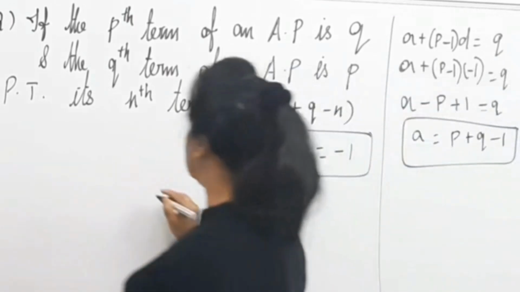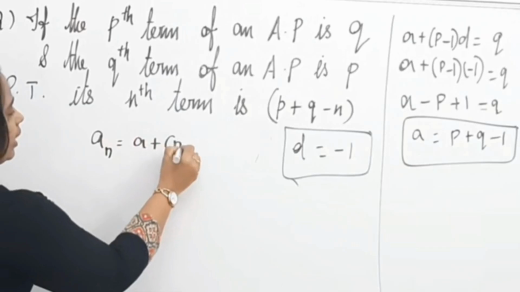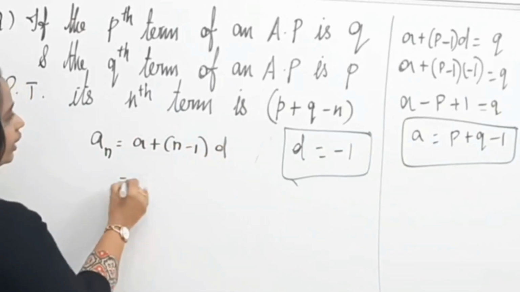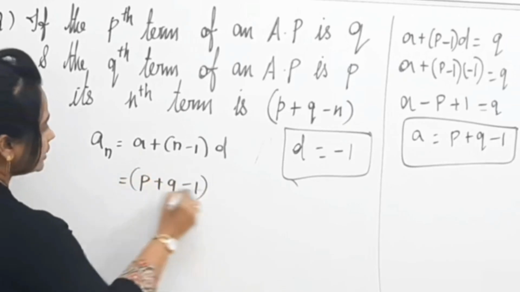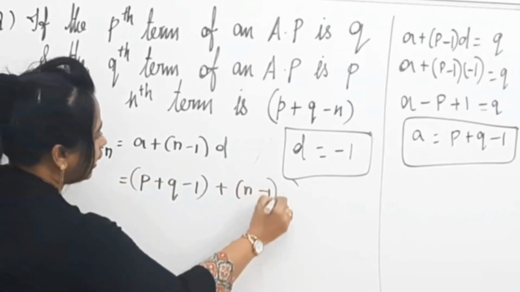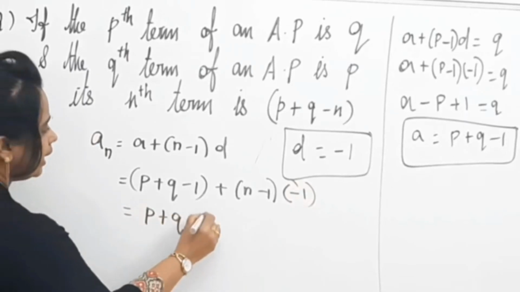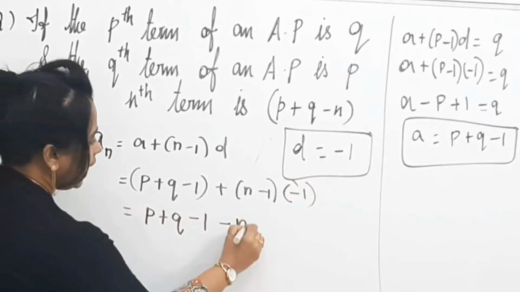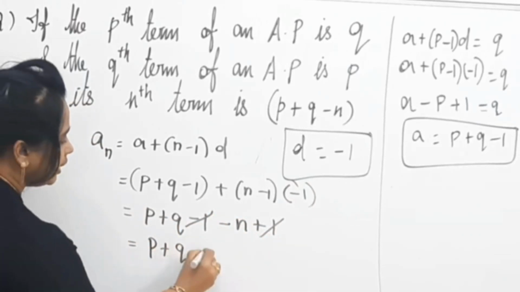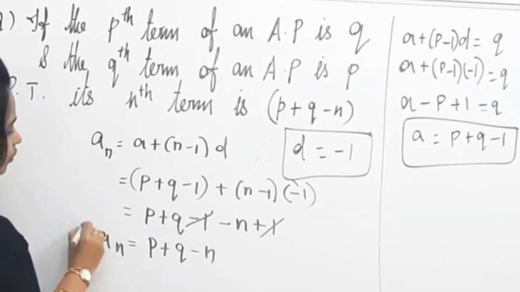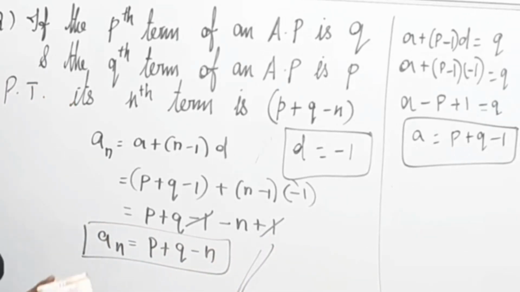Now I will substitute in my nth term. a_n is a + (n - 1)d. So, a I got, p + q - 1, plus (n - 1), and d I know is -1, which is equal to p + q - 1 - n + 1. The 1 gets cancelled. So, my expression becomes simple as that. So, a_n is equal to p + q - n.